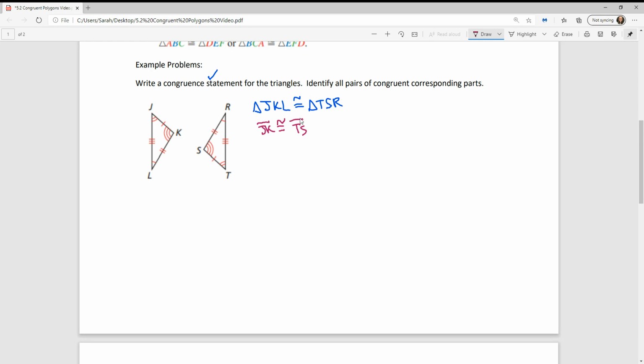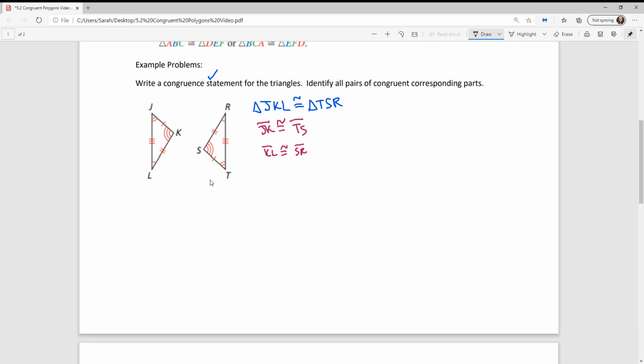With ST, TS, we have to go in the same order. We go from the angle with 2 to the angle with 3. Now let's keep going. My next segment, KL, is congruent to, going from the 3 to the 1, SR in the other triangle.